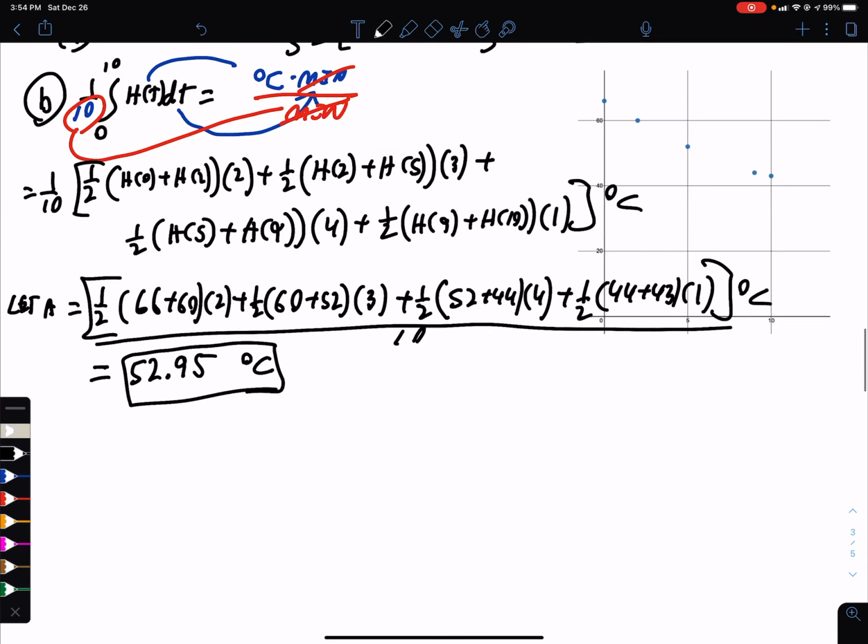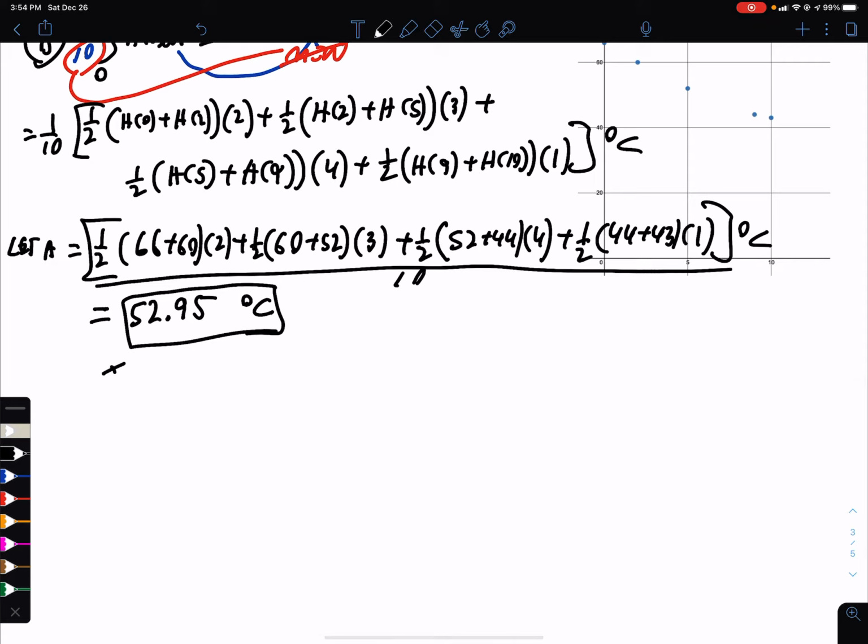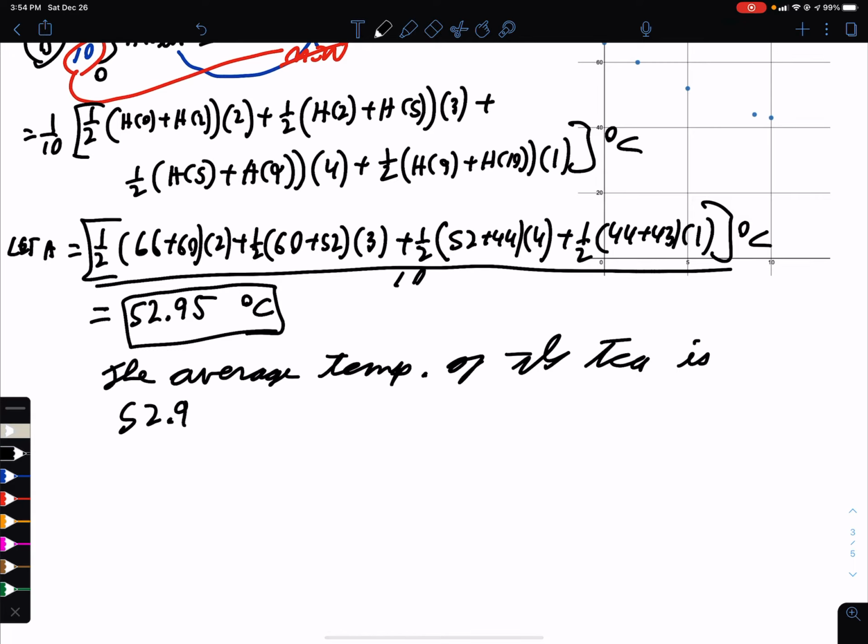So you can say the average temperature of the tea is 52.95 degrees Celsius for the first 10 minutes.